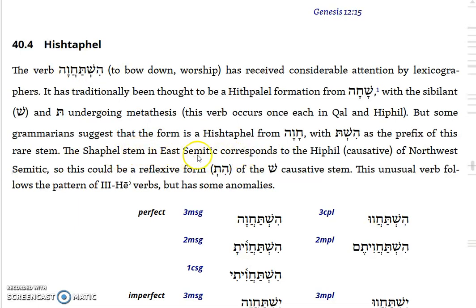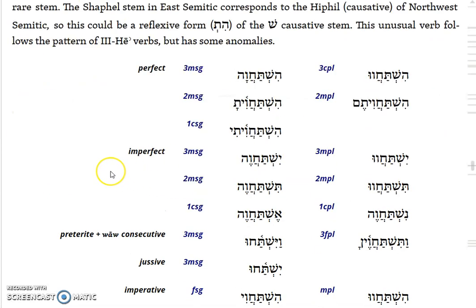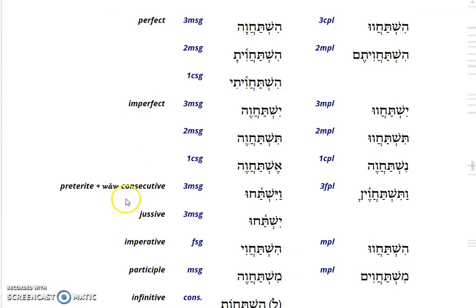Anyway, the shafel stem in East Semitic corresponds to the hiphil causative of Northwest Semitic, and this with the hit added to it would make it reflexive plus causative. You get some of those type forms in Aramaic as well, which is also Northwest Semitic. But in any case, it's a pretty common word, so we have a fairly complete paradigm that can be put out for it: the perfect, the imperfect, the preterite with the vav consecutive, and the like.